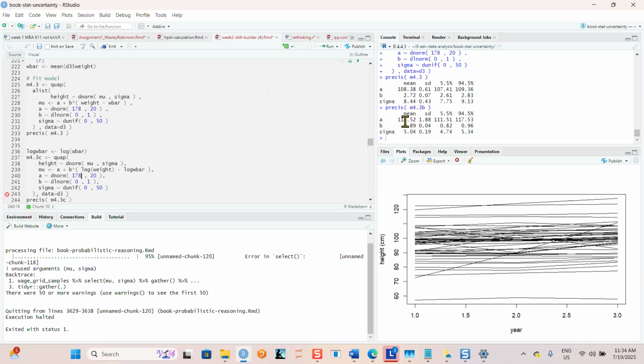We got a mean of 114 and a standard deviation of 1.88. Okay, 114, 2. I don't know if this is going to work. We'll see. Maybe this is 5. I don't know. Let me see what happens here.